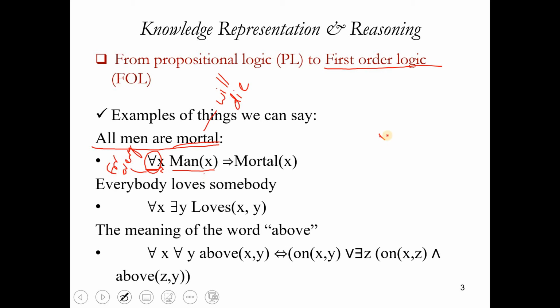So when I write like this, man and x, it means that x belongs to the man class. So x is an element. X is an element. It belongs to the man class. So man is a class. And when I write like this, man brackets x, it means x belongs to, or x is a man.